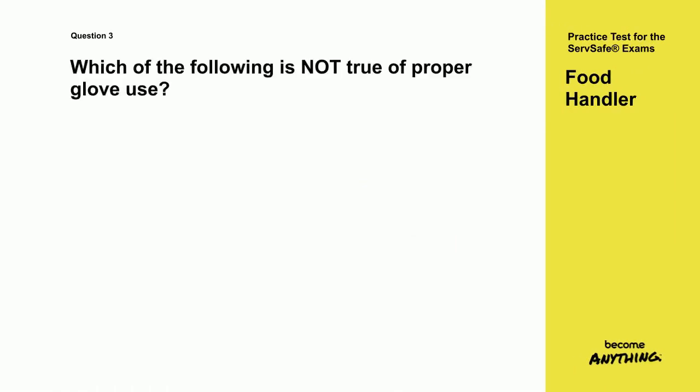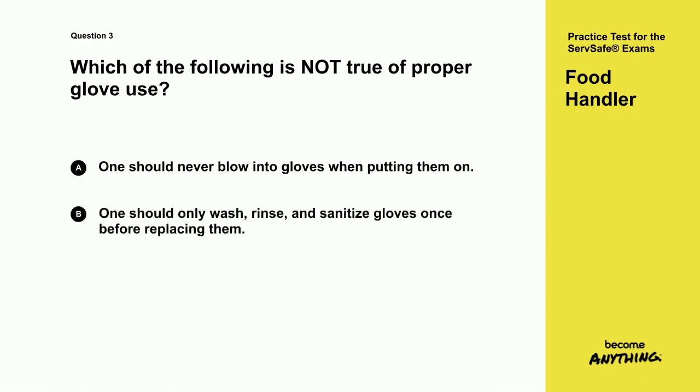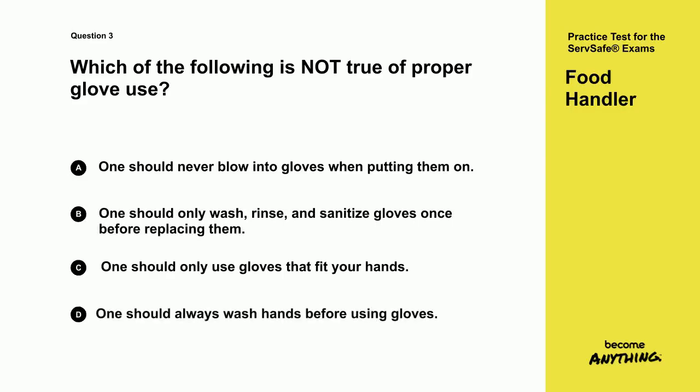Question 3. Which of the following is not true of proper glove use? A. One should never blow into gloves when putting them on. B. One should only wash, rinse, and sanitize gloves once before replacing them. C. One should only use gloves that fit your hands. D. One should always wash hands before using gloves.